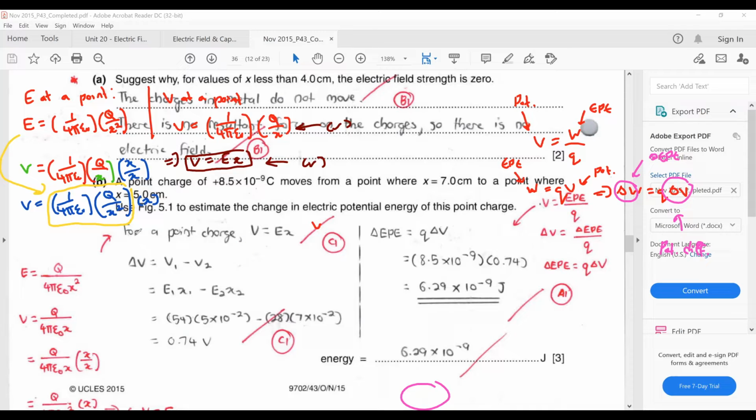Maybe you would be better off saying that potential at a point V is equals to EX. Then after that, you find the difference in the potentials. You find the values of potential at the 2 different locations, 7 centimeter and 5 centimeter. Then after that, you multiply by the charge. You will get the energy involved.